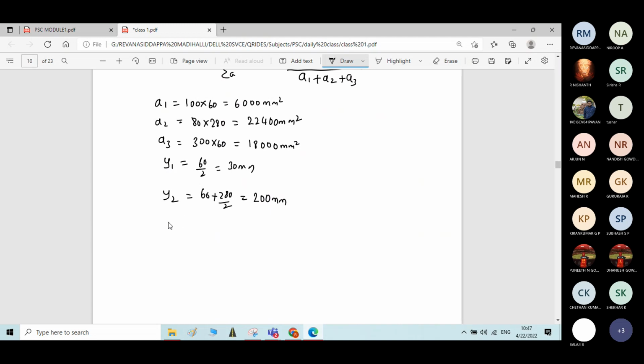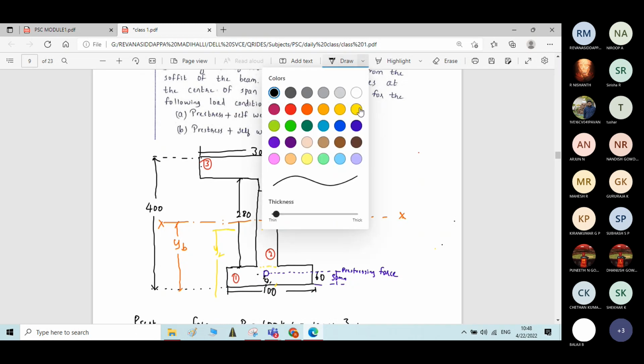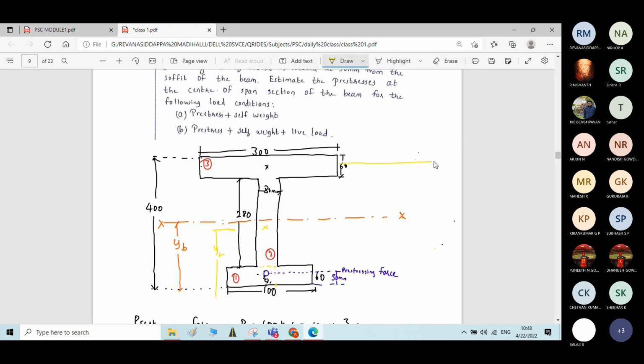Then Y3. What is Y3? Distance of centroid of rectangle 3 from the base. How we will calculate again? You can calculate either as 60 plus 280 plus 60 divided by 2, or overall depth 400 minus 60 by 2. In both ways you can calculate.